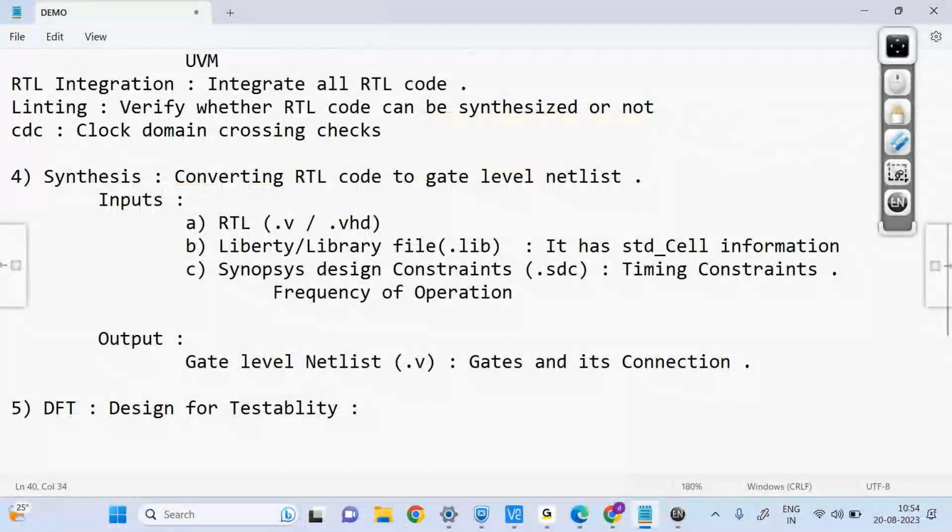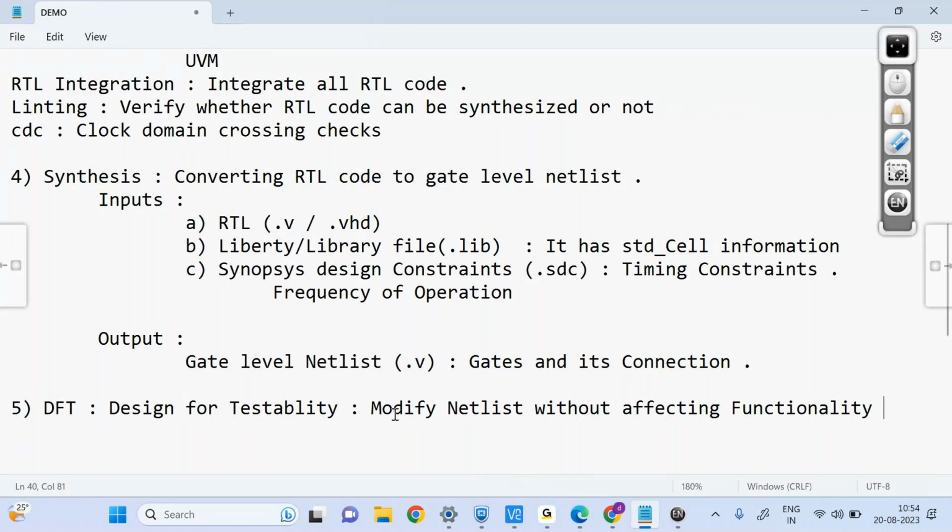So what does the DFT team do? They modify the netlist. We have to modify the netlist without affecting the functionality. Whatever functionality we have should not be affected.